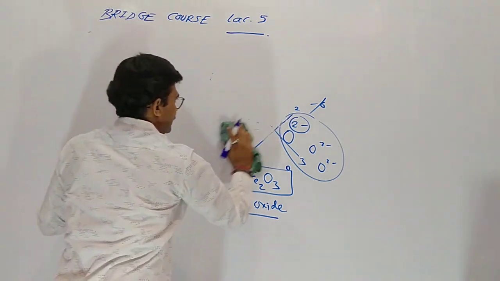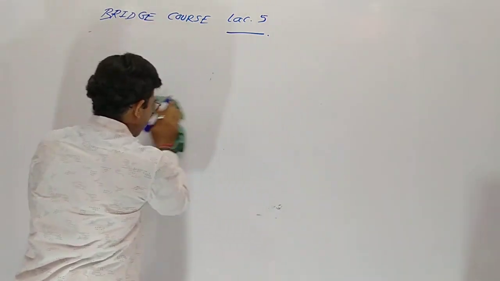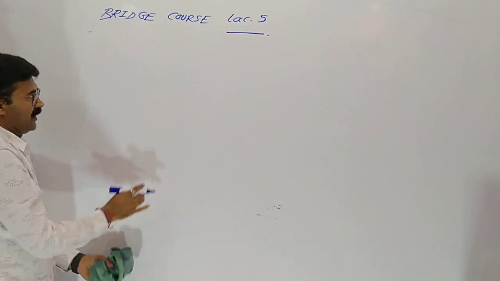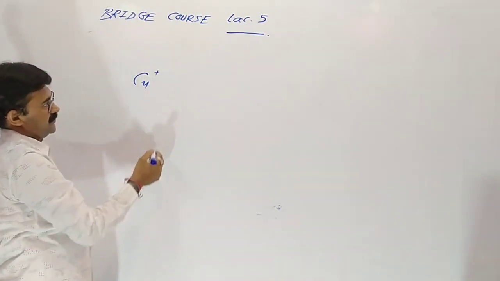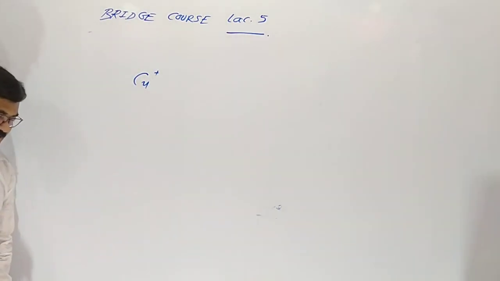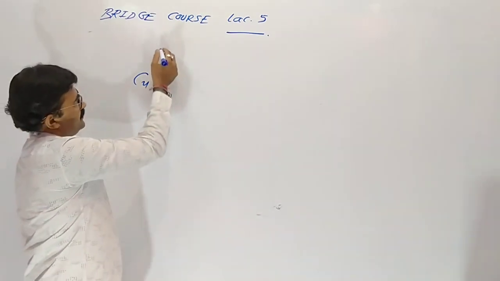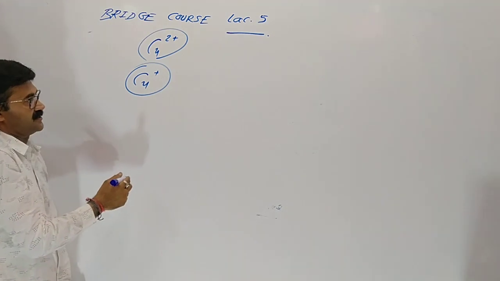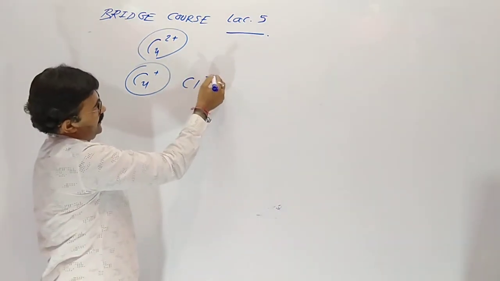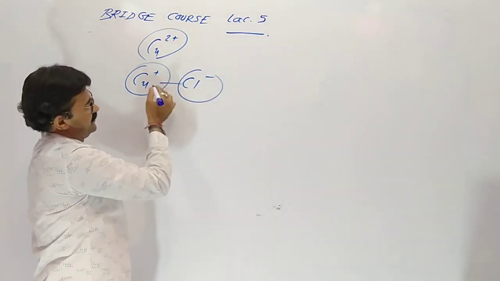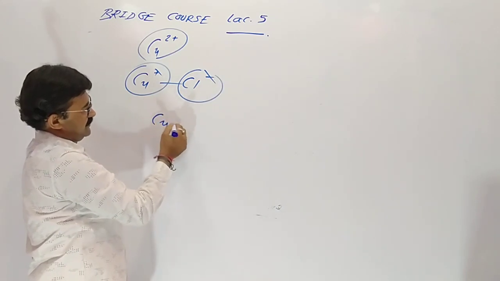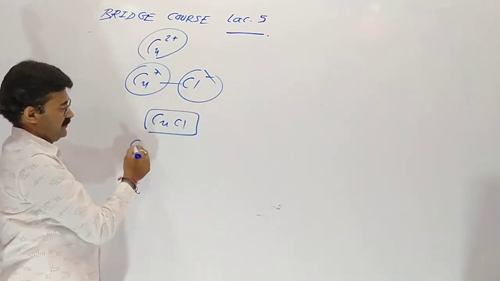I am giving you another example. Copper, when you have plus 1 charge, is cuprous. Cu plus 2 is cupric. This one is cuprous, and chloride. So no need to multiply. Plus and minus cancel, directly CuCl.